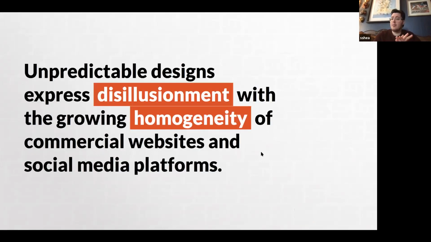With such a wide breadth of ways that it manifests itself, the unifying theme is that the design is oftentimes unpredictable. And for those who are using it, it's often rooted in a disillusionment with the growing hegemony of commercial sites and social media platforms. Right now, if you look at almost any website, you can predict how the layout is.